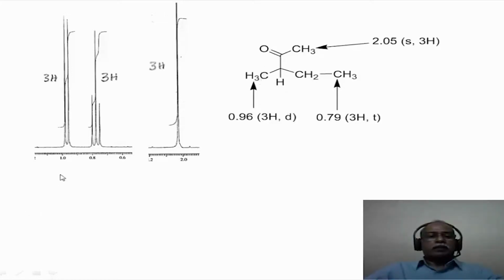So that methyl comes as a doublet around 0.96 ppm or so, with 3 hydrogen intensity. And this CH3 will be split into a triplet, and that triplet is very clearly seen around 0.79 ppm or so. Finally, this singlet, we have already seen that it appears as a singlet, because there are no coupling partners associated with it.